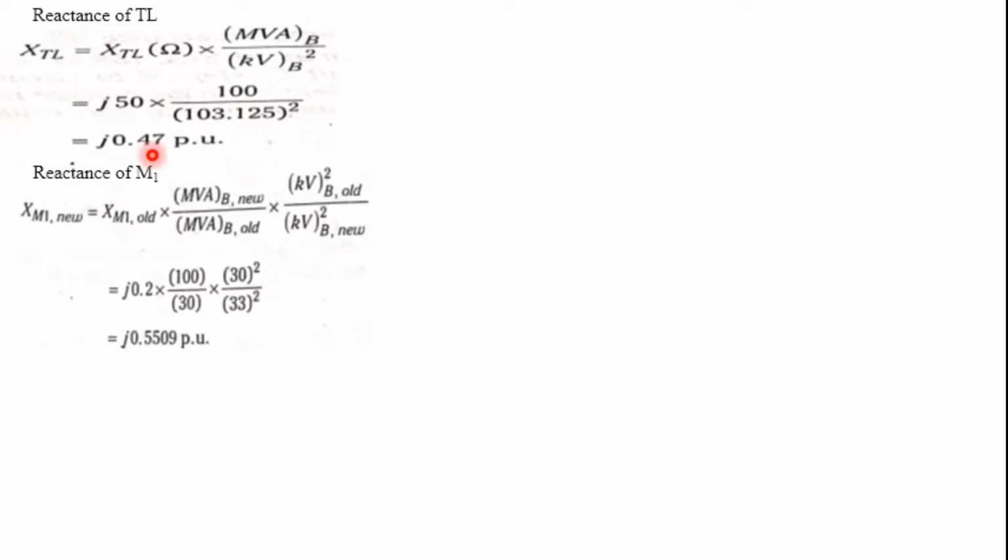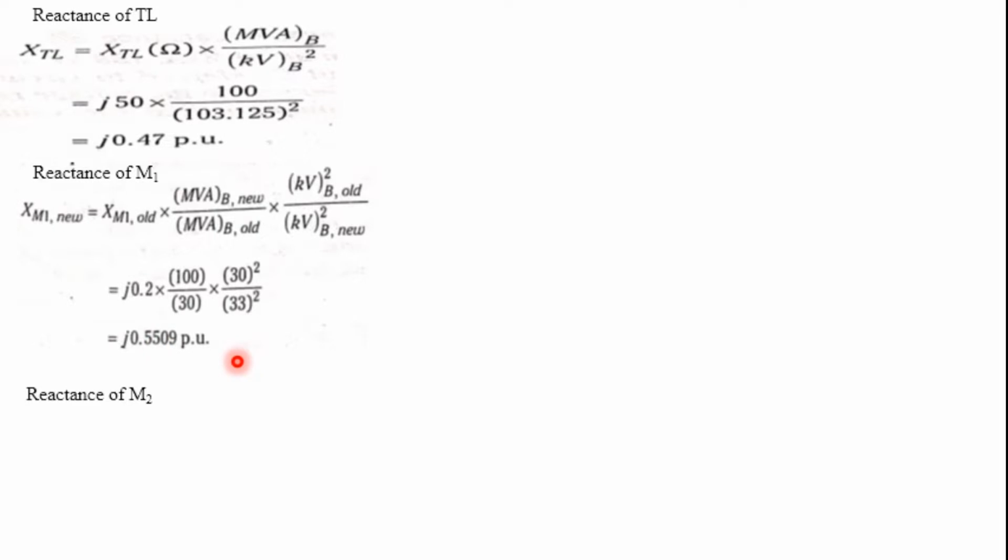Similarly for motor 1, the MVA base value is 100. The actual rating of the motor is 30 MVA, and the base voltage old value is 30, new value is 33. By substituting all this we get 0.5509.